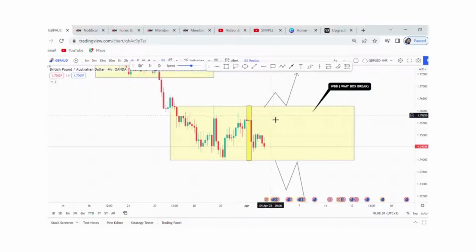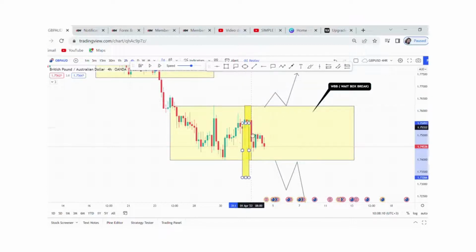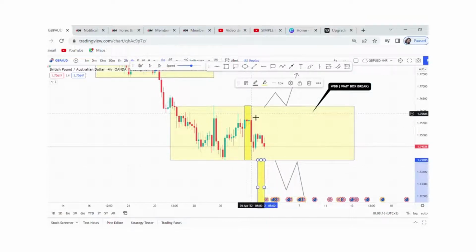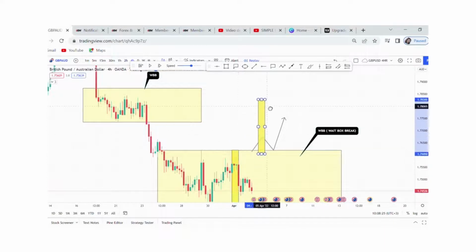Now you clone this box. Cloning, you come here, you clone. You have box A to come to that side, and then you clone again the same box, because if it breaks either side, it will go that distance, and I'll show with other examples. So you're not 100% sure it will break on the downside, and that's where people make a mistake.